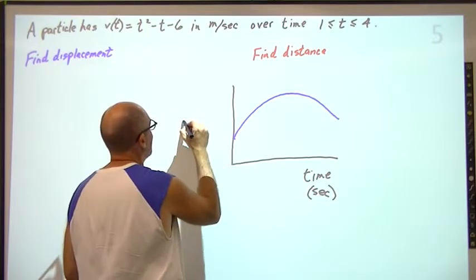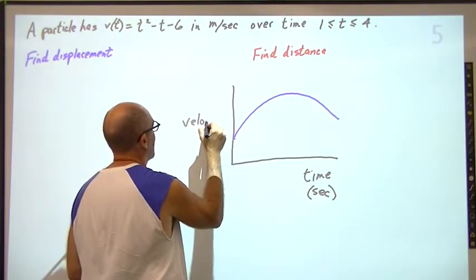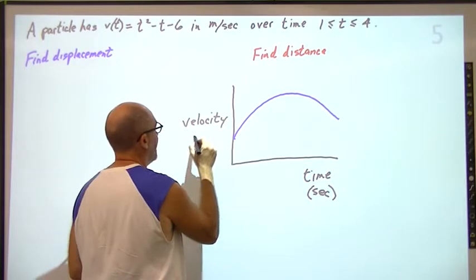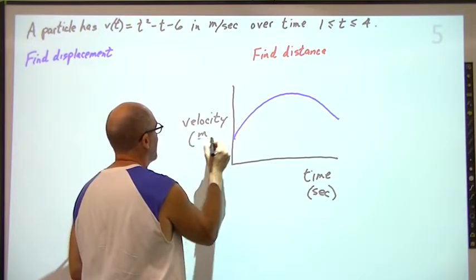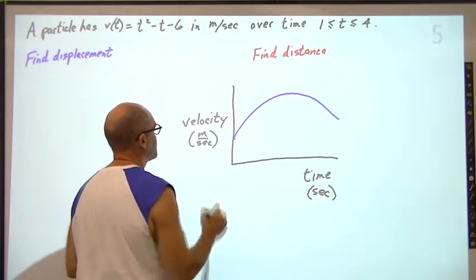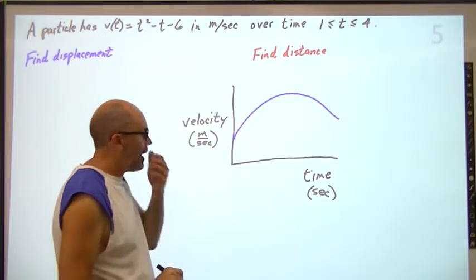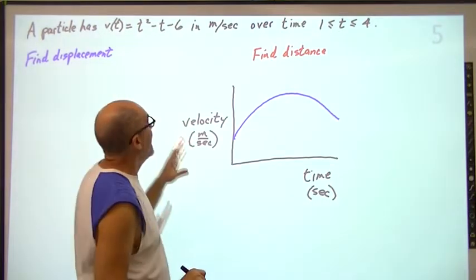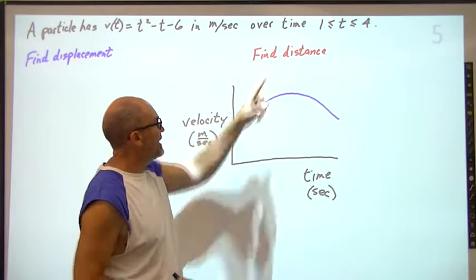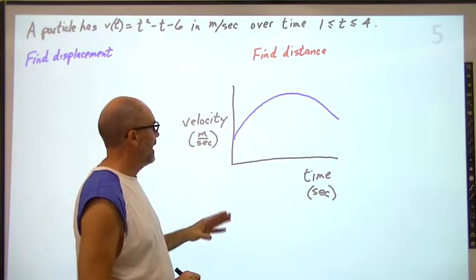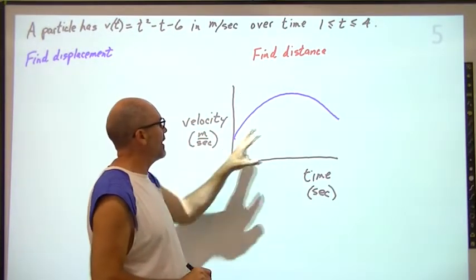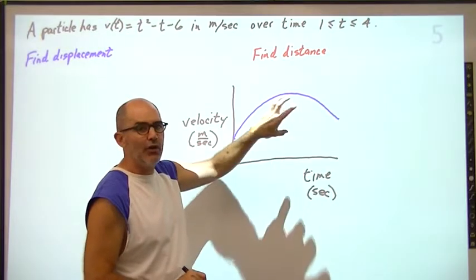And this is velocity in meters per second. If I want distance, then what I'm looking for is the area under the curve.